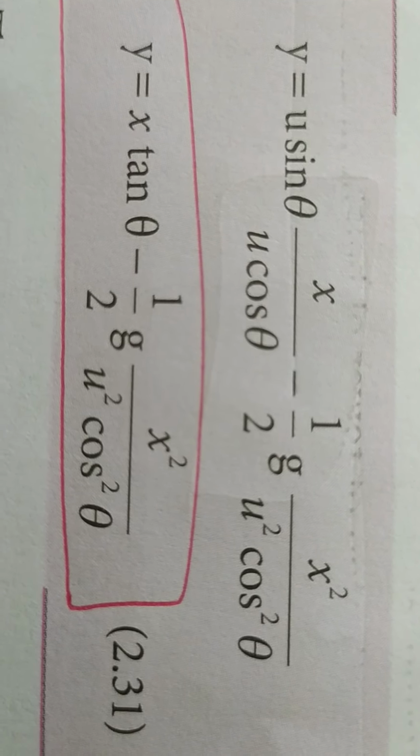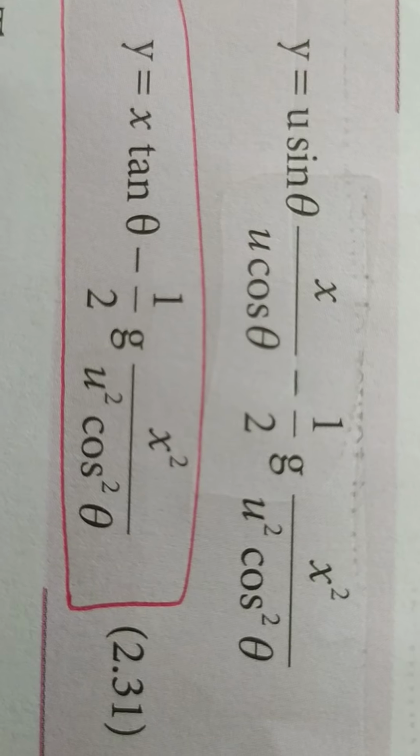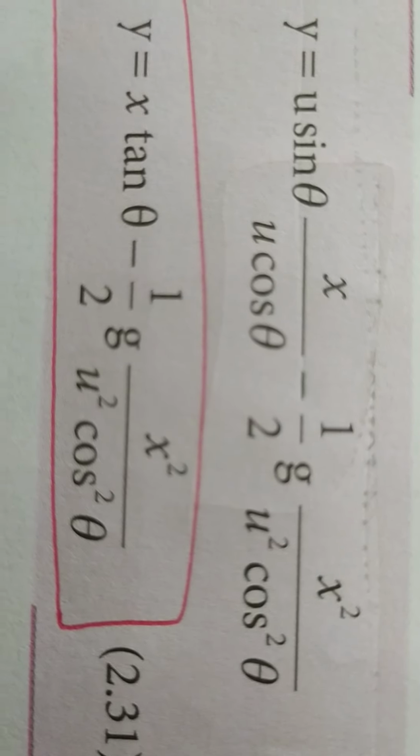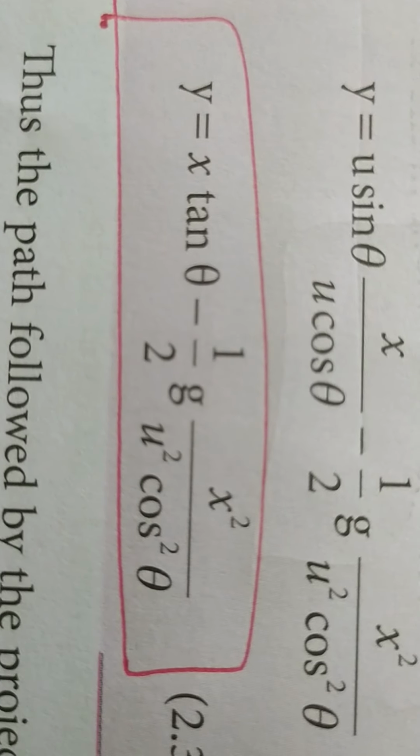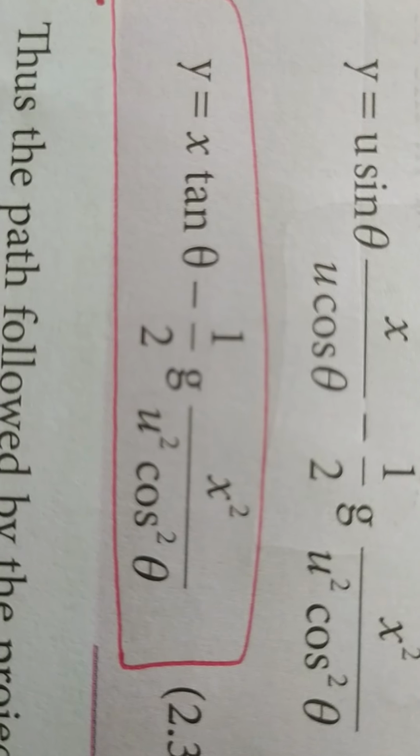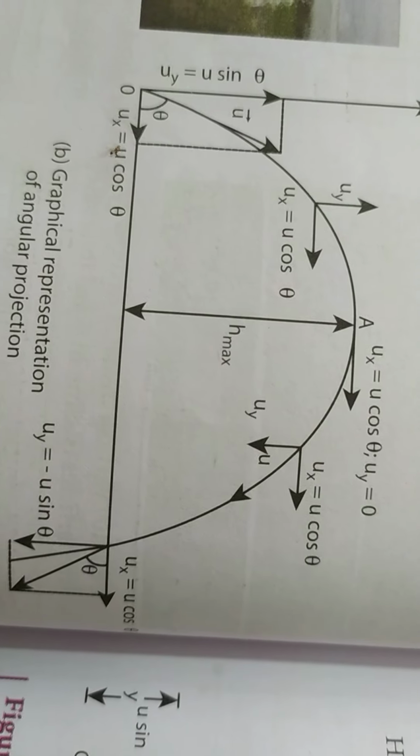Here sin theta by cos theta will become tan theta and u gets cancelled. So you will get equation 2.31, and this resembles the equation of an inverted parabola. So from this diagram you can see the motion is like an inverted parabola.